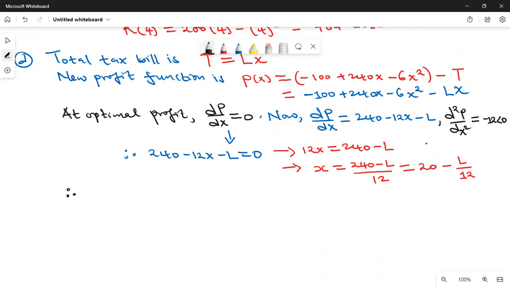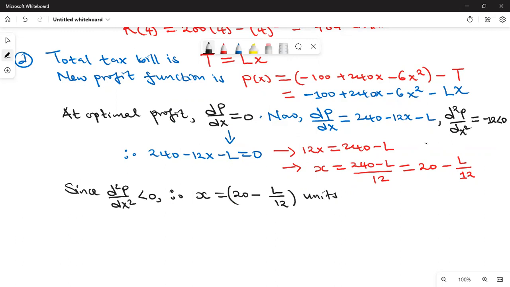You can write: since d squared P/dx squared is a value that is less than 0, therefore this value of x which you have found to be 20 minus L over 12 units is the new profit maximizing level of production.